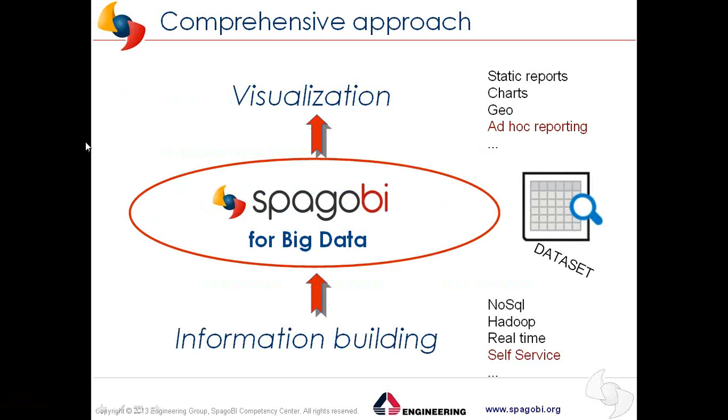So, if you want to analyze a file, you can create a dataset simply uploading that file. If you want to create analysis on a data warehouse or a database, you create a dataset composed by a query on your data. So, through the dataset, you can create your visualization.